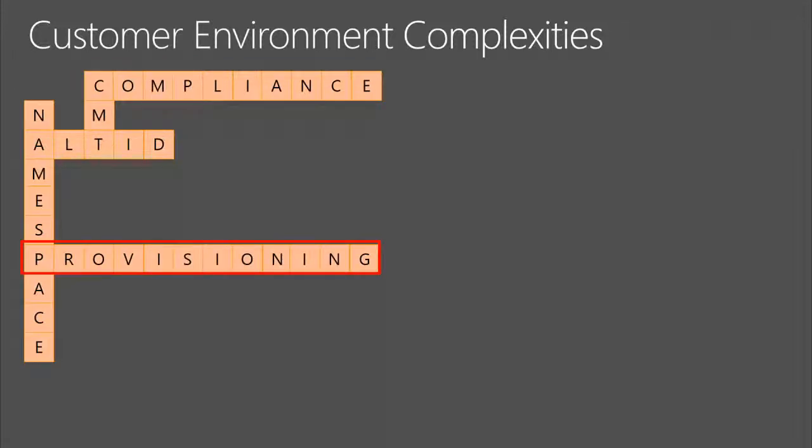Provisioning. We kind of talked about this already, but what do you do when you're looking at decommissioning your Exchange environment? But even if you're not decommissioning and you're maintaining it going forward, how are you going to provision? Are you going to use a hybrid server you keep in place? Are you going to leverage some other tools a customer may have? With multi-org forests, you're looking at synchronizing the identity.